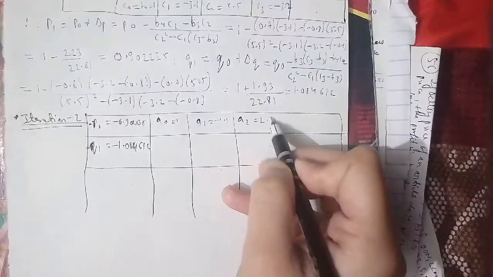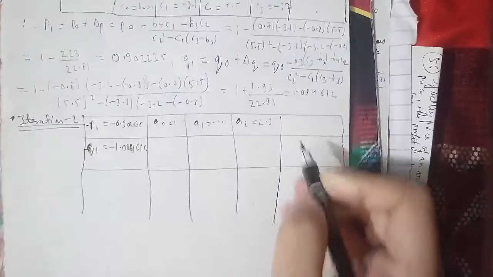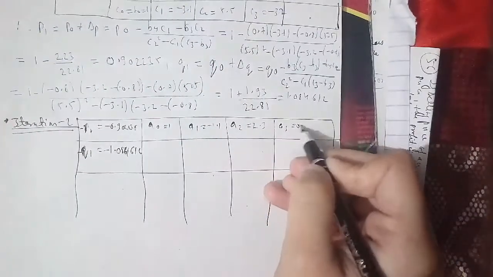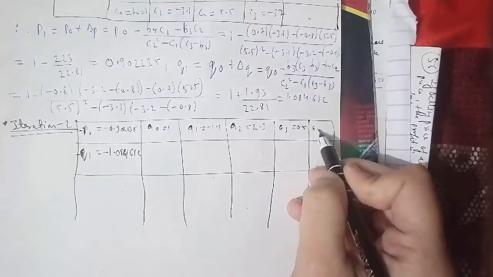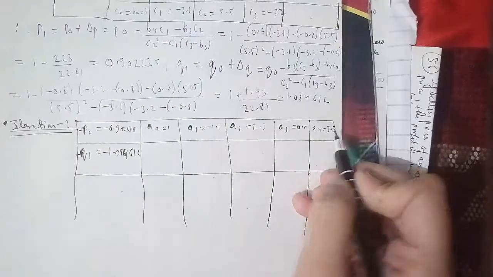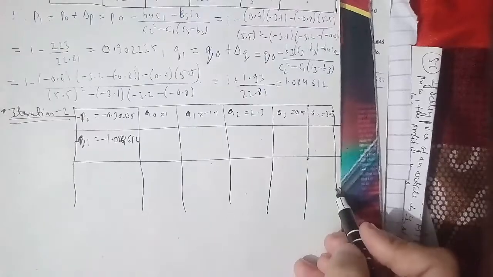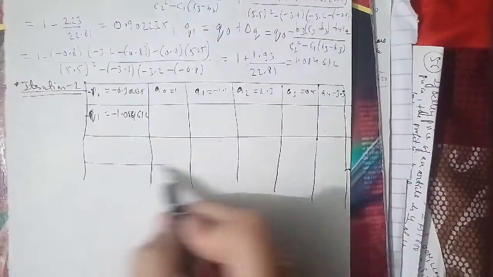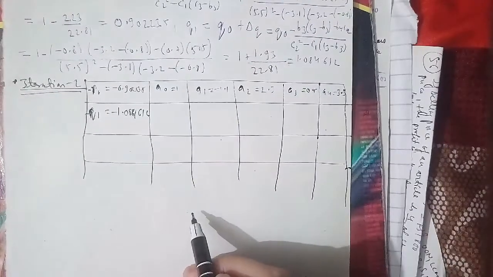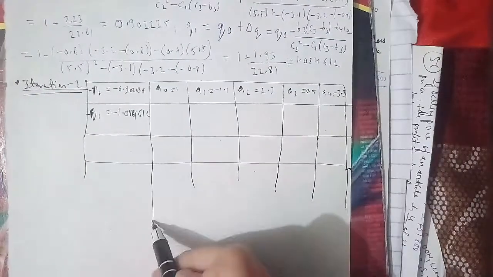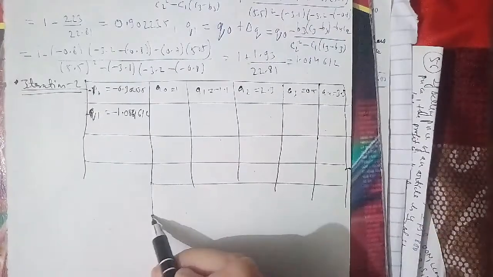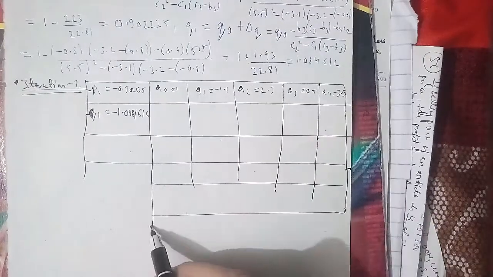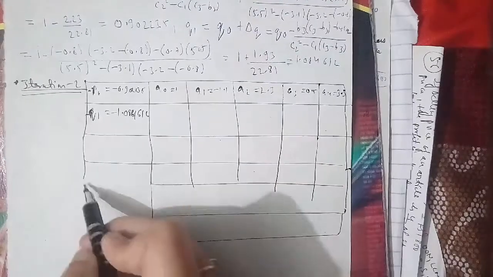So in the same case, we'll find out the values. Minus P1 B0 is minus 0.902235.